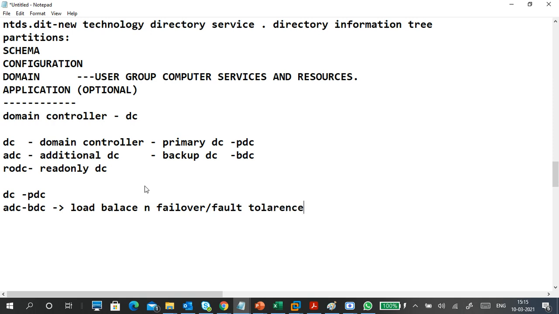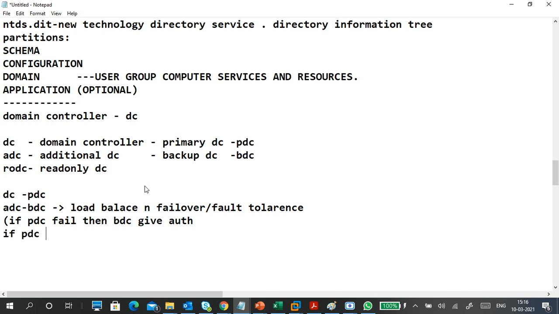What is fault tolerance or failure? If the PDC fails, then the BDC or ADC gives authentication.